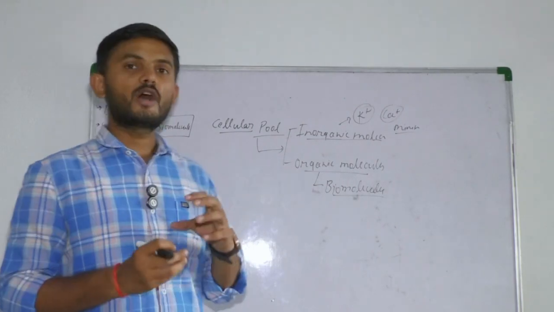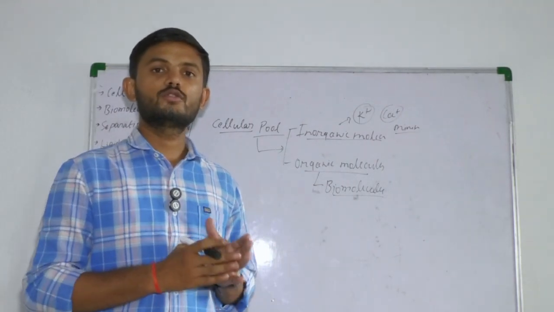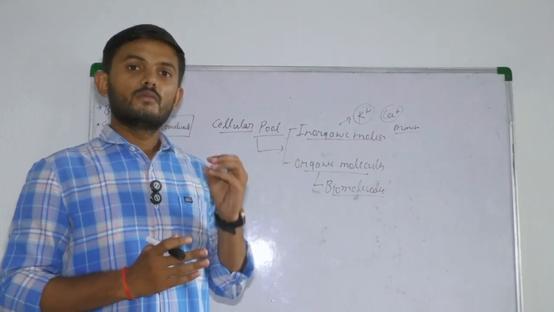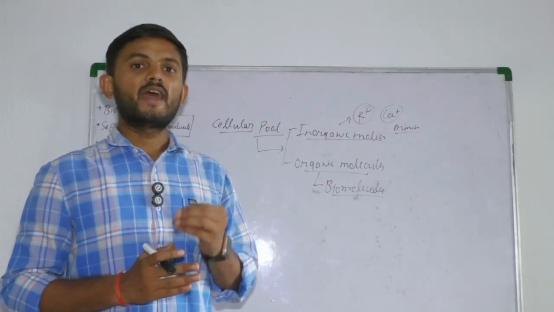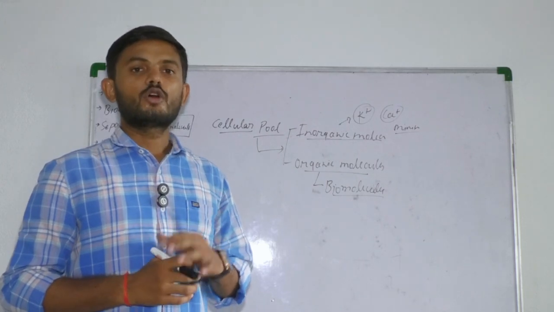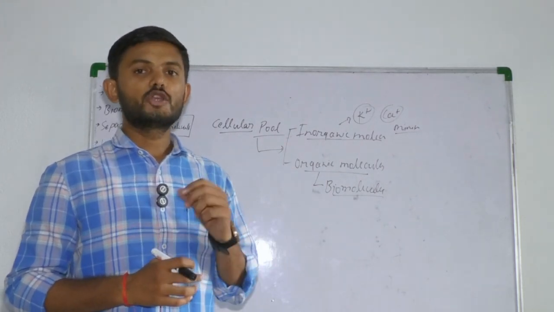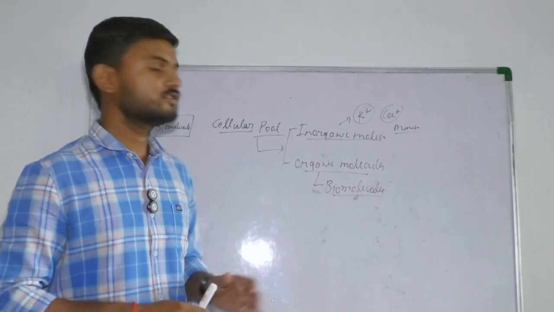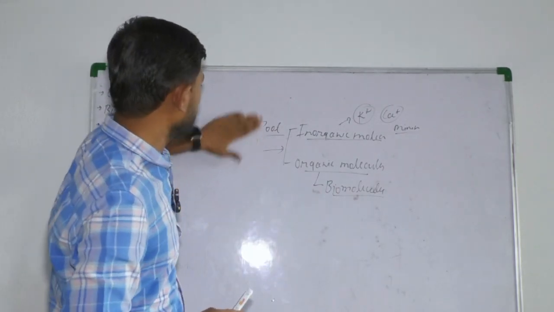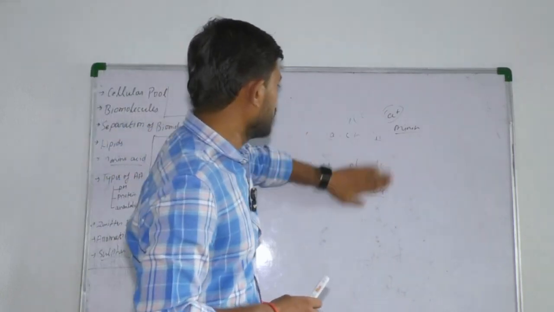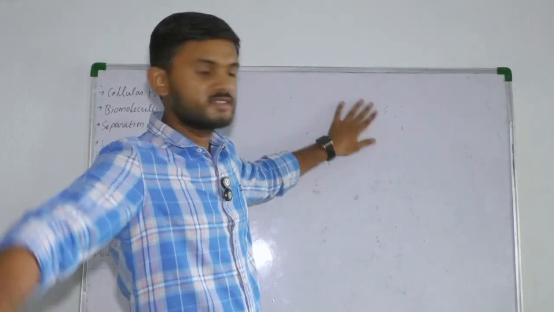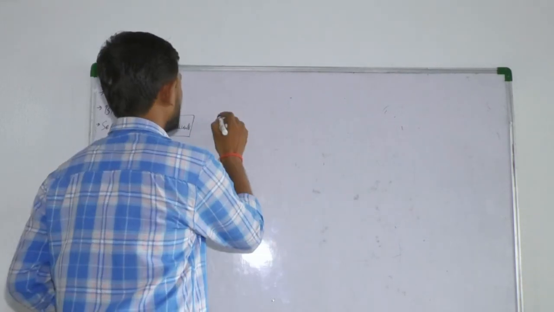Now these biomolecules are subdivided into two categories, biomicromolecules and biomacromolecules, on the basis of their molecular weight.